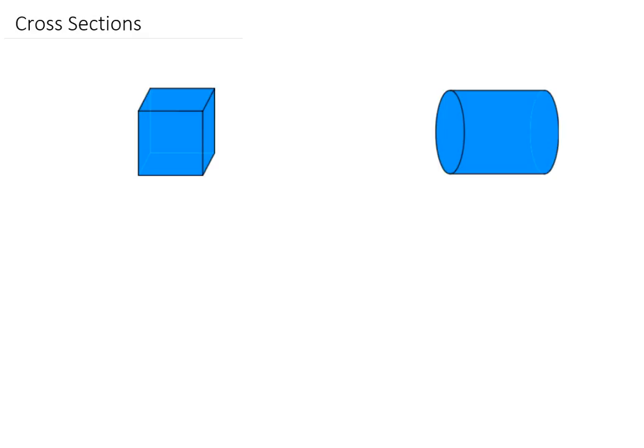If we look at the cube first, we've got to establish a plane that we're going to slice this object with. So what you'll often see is the plane drawn, and we're saying we're going to slice it across that plane, often referred to as parallel to the base or a horizontal slice.